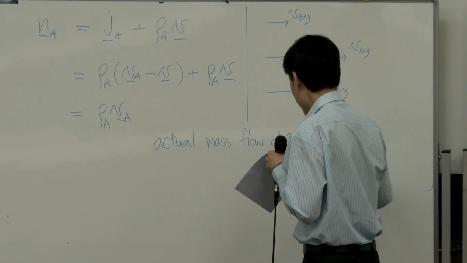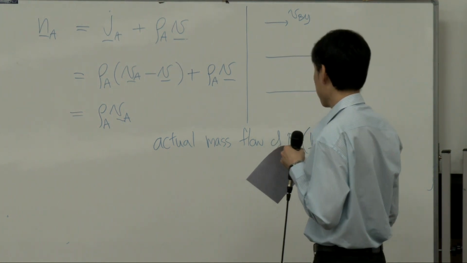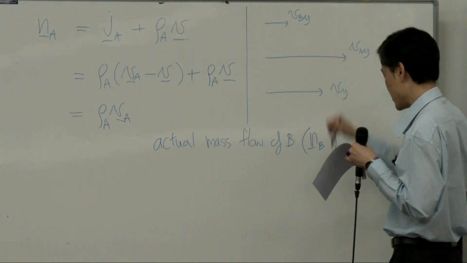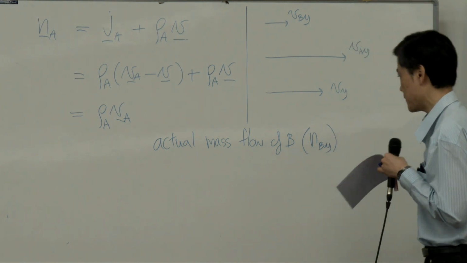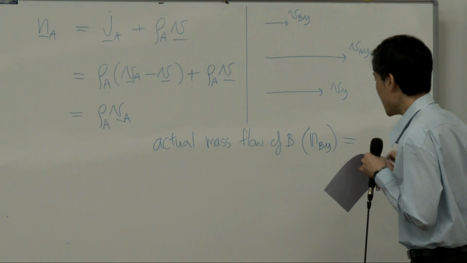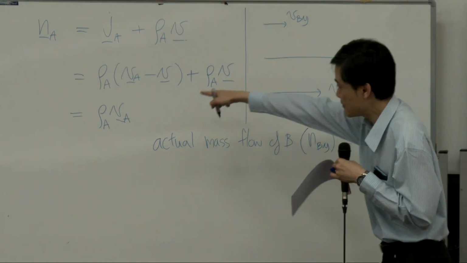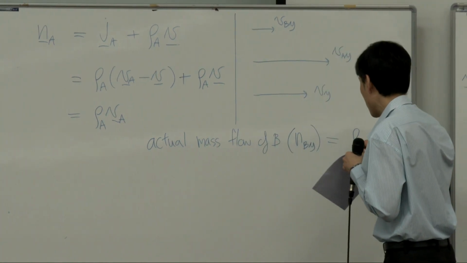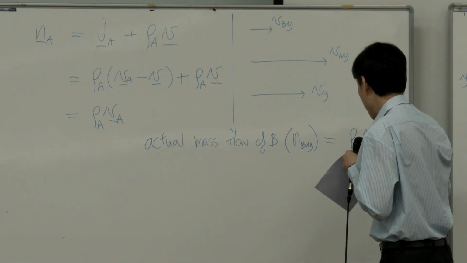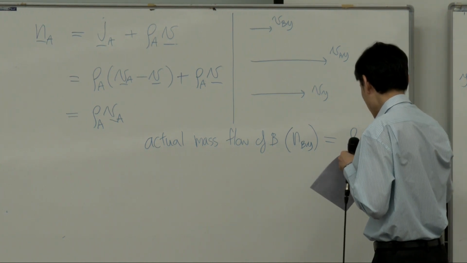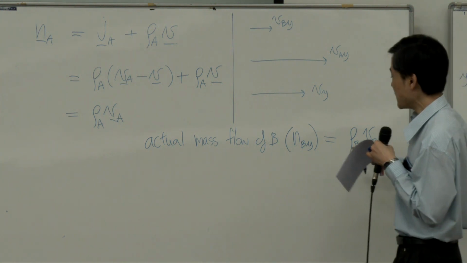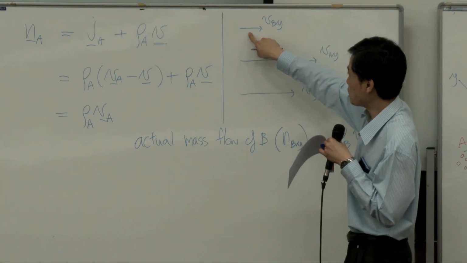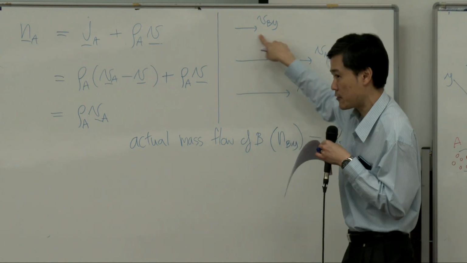So this would be NB. If I consider in y direction, that would be NBY. Right? So that would equal to, just like species A over there, that would be rho B VBY. Okay? So that means I'm bringing mass concentration and multiply to this vector.